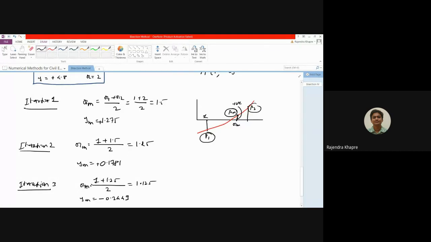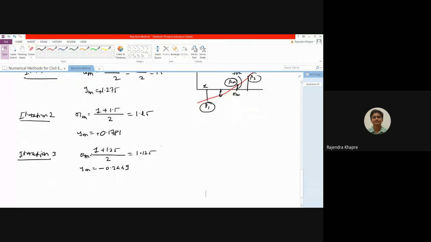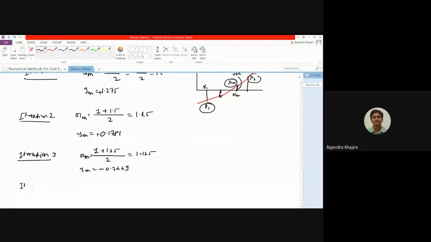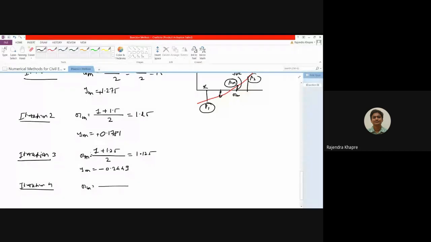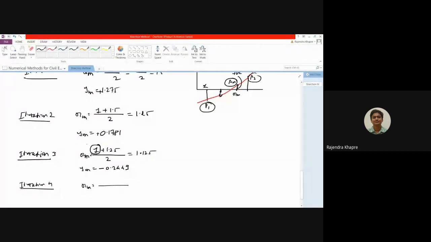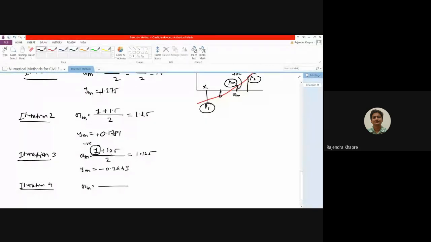This means your root is somewhere over here. So now for the next iteration, iteration number 4, you need a point on both sides. The xm value will be such that one should be negative and one should be positive. Remember, in the earlier case the value of y for x equals 1 was negative, and for the other value it was positive.